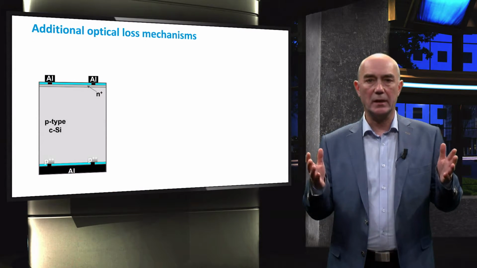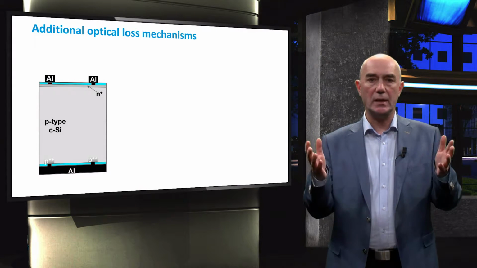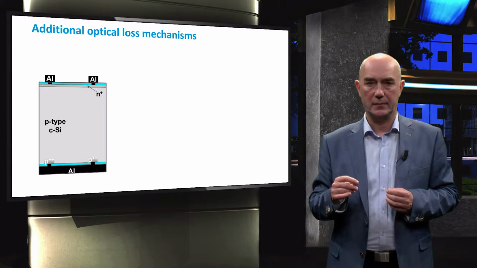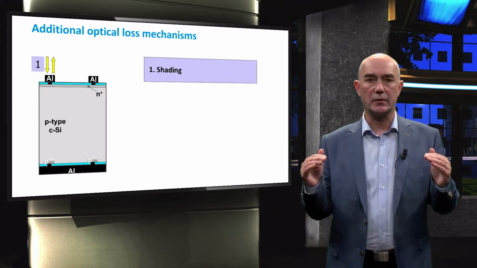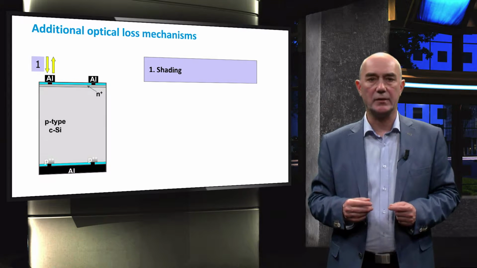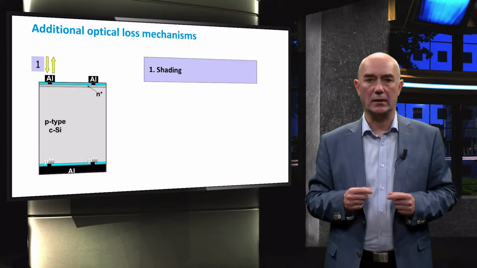Let's start by recapping the additional optical losses. You see an example of a crystalline silicon solar cell in this slide. The metal grid placed on the front side of the solar cell as the electrode is not transparent to the incident light. Thus, the area under the grid is shaded.